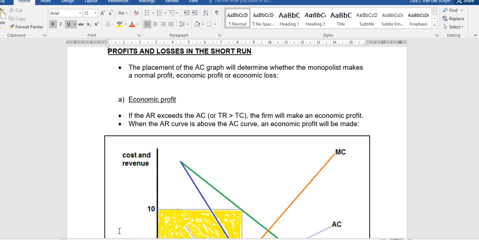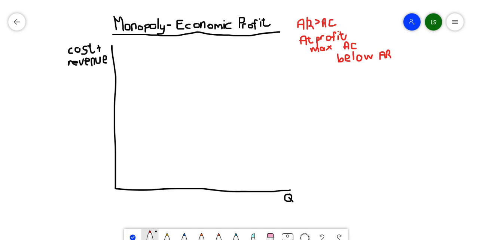We do not work with totals. So on the graph, the average cost curve has to be below your average revenue curve. That is going to mean that your average cost is less than my average revenue. But what is important now is that we follow the steps.